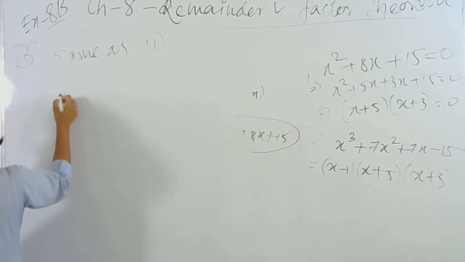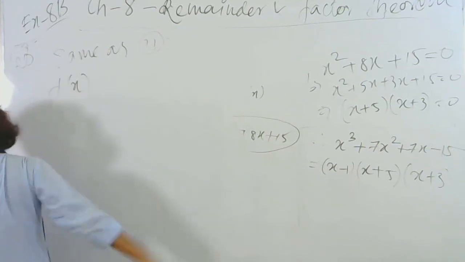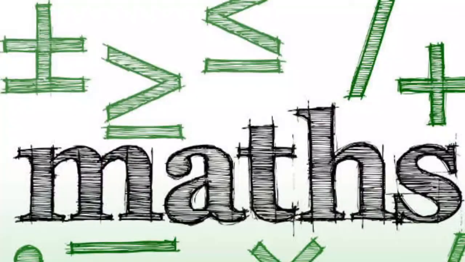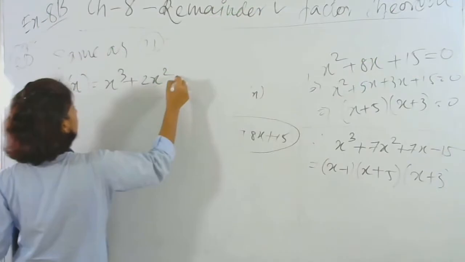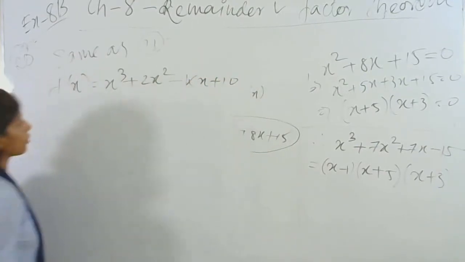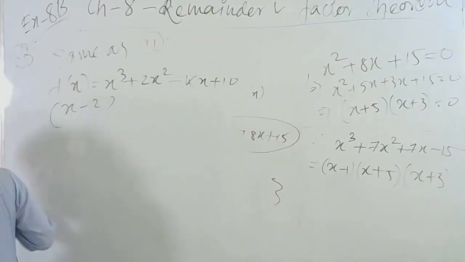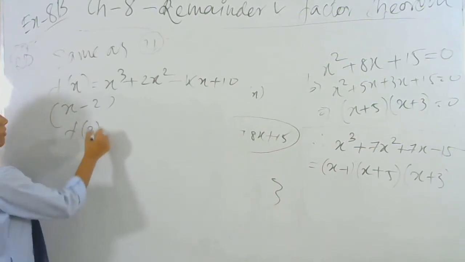So they've given you the polynomial. Now since x minus 2 is a factor, so from here solve for k.